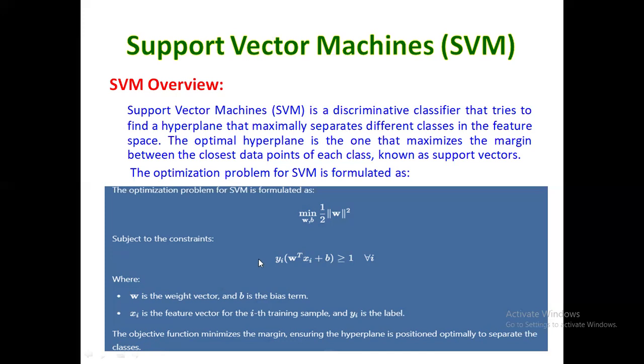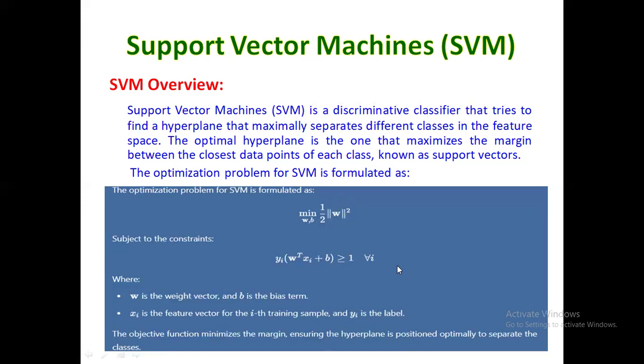Here is the objective function. The optimization problem for SVM is formulated as the minimum over W and b of half the norm of W squared, subject to the constraint that yi, the output, times (w transpose xi plus b) is greater than or equal to 1 for all i.